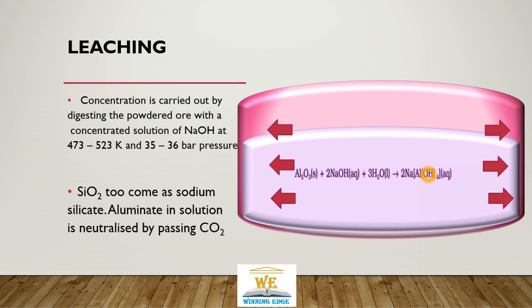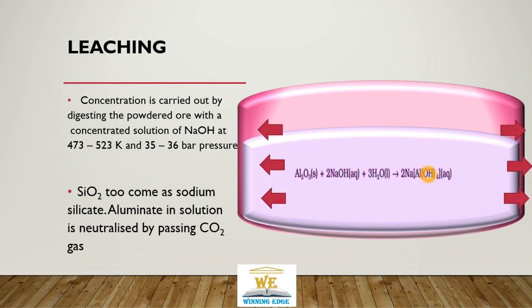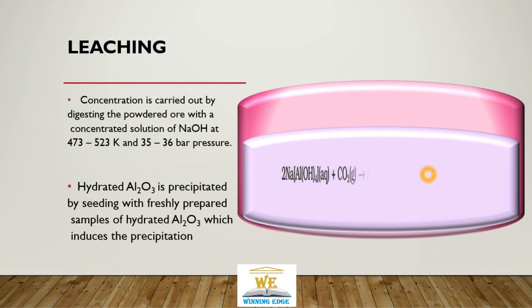Aluminate in solution is neutralized by passing CO2 gas. After alumina is solubilized in sodium hydroxide, we bubble CO2 in it. And in the next stage, what happens? It is converted into alumina again, which is pure compared to before, and sodium bicarbonate is also here.